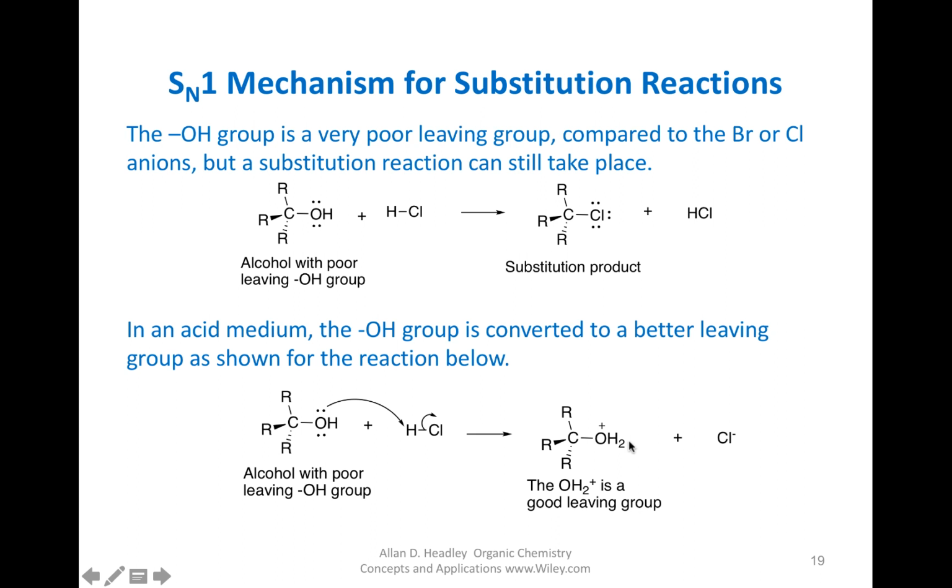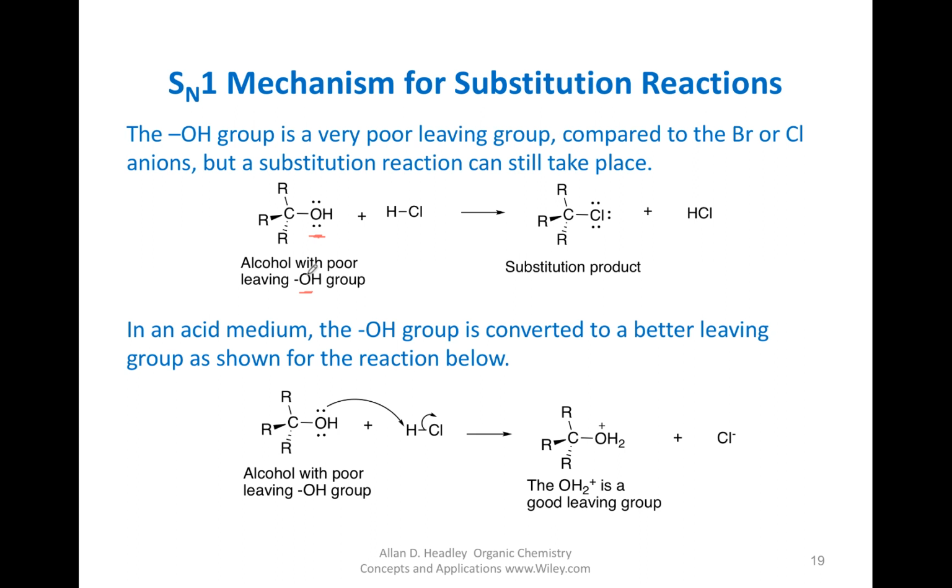So let us look here at another reactant or electrophile. Looking at this molecule, which is an alcohol, you can see here it's an alcohol because it has an OH bonded to this carbon. The question now is, can we have a substitution reaction at an alcohol, a carbon that has an OH group?